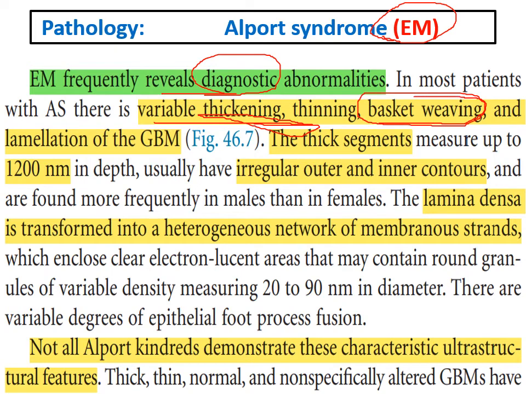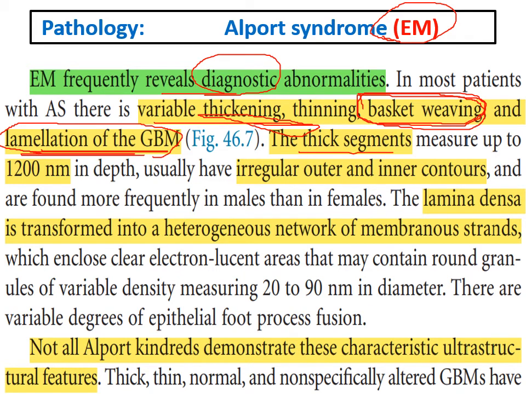Don't forget this word, basket weaving appearance, and lamellation of the glomerular basement membrane, as we're going to see. These are the characteristic features in electron microscopy in Alport syndrome.